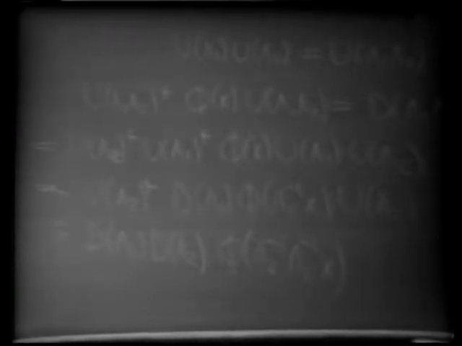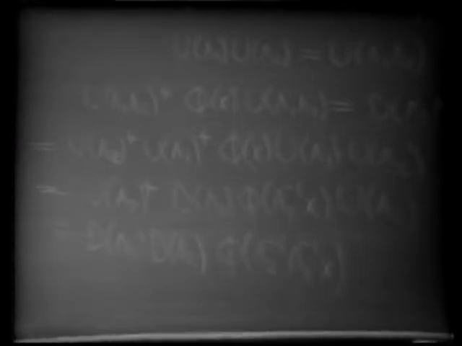Thus, our problem of finding all possible field transformation laws, linear, involving only a finite set of fields, and consistent with Lorentz invariance, is equivalent to finding all finite dimensional matrix representations of the Lorentz group.